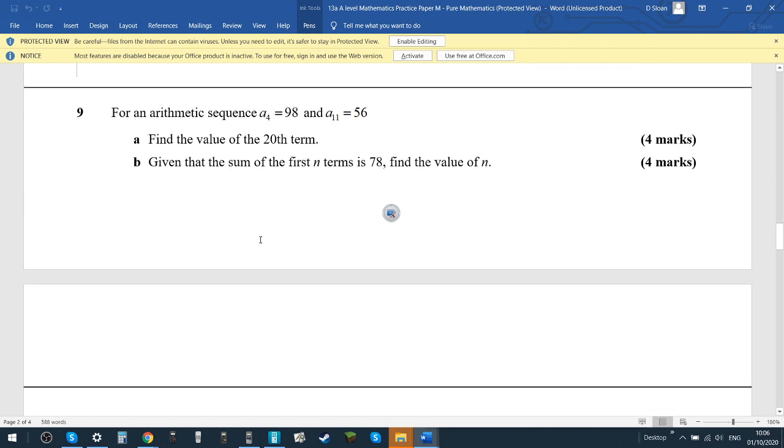Question 9. How about this one? So the formula is a plus n minus 1 d.